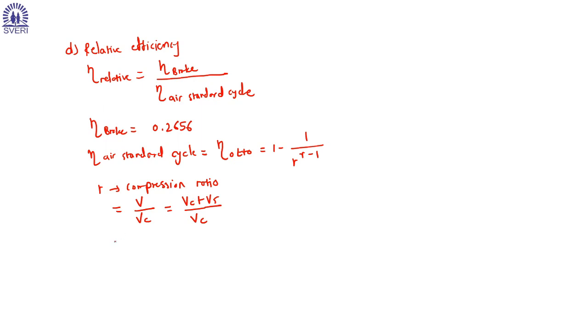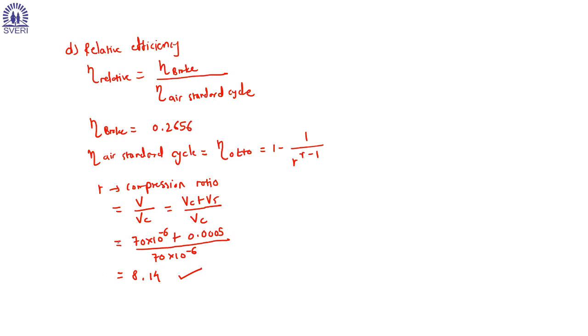Clearance volume is given as 70 cc, that is nothing but 70 into 10 to power minus 6 meter cube, plus Vs, which we have calculated as 0.0005, divided by again 70 into 10 to power minus 6. When I calculate this, I get a compression ratio of 8.14, which is very relevant for a petrol or gasoline engine. Compression ratio for a petrol or SI engine is less compared to a CI engine.